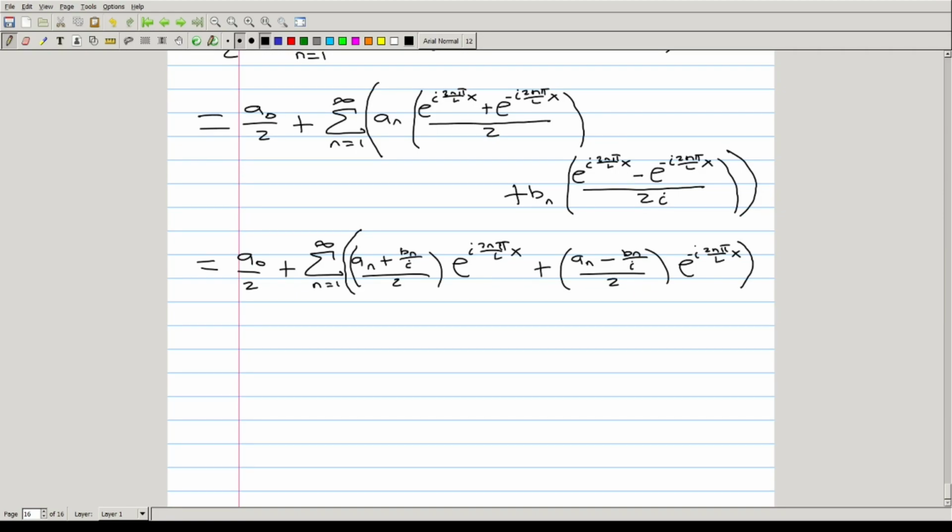Which finally can be simplified to, we say c naught is a naught over 2, and c n is a n plus b n over i, over 2, which is the same thing as a n minus i b n over 2 when n is greater than or equal to 1.